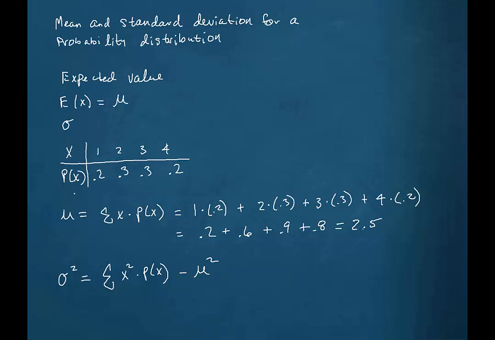So I think what I'm going to do is make another row here. I'm going to call it x squared times p of x. And that'll give us a little something to look at here. So 1 squared times 0.2 is still 0.2. 2 squared is 4 times 0.3 is 1.2. 3 squared is 9 times 0.3 is 2.7.